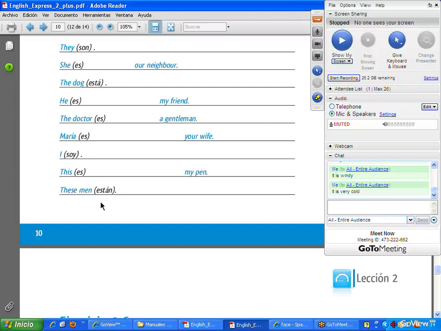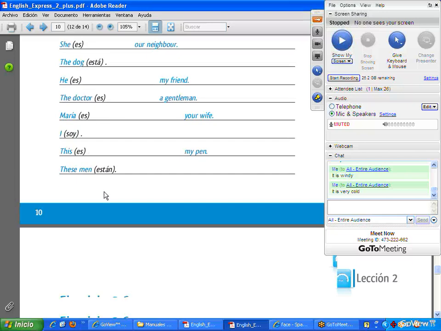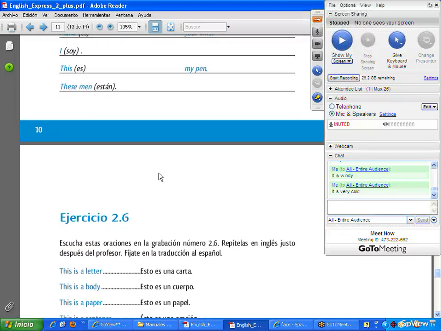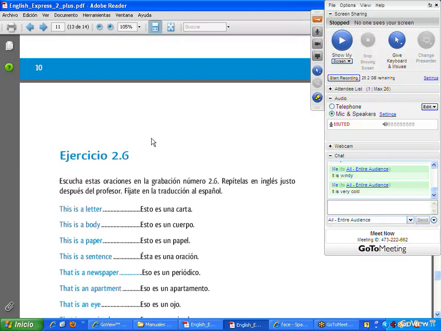That is a newspaper. That is an apartment. That is an eye. You see? All these are vowels.